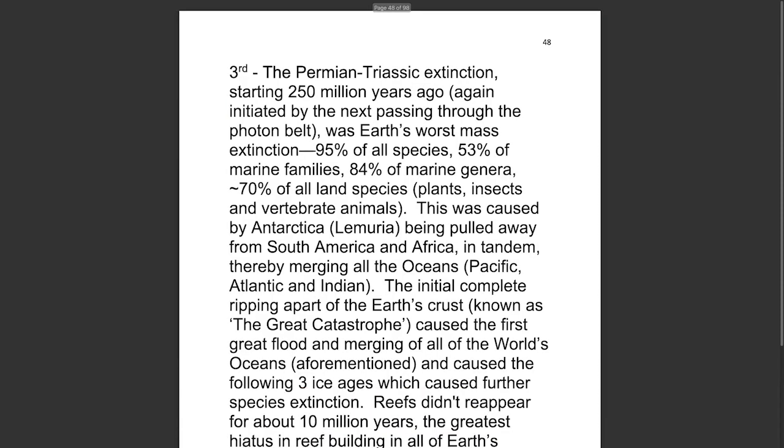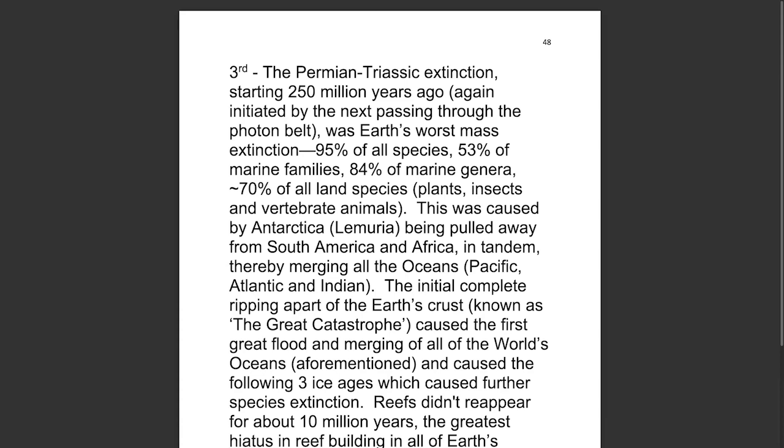The Permian, or the third great extinction, 250 million years ago, again, rotation, initiated by the passing through the photon belt. That was Earth's worst mass extinction. 95% of all species, 53% of marine families, 84% of marine genera, 75% of all land species, plants, insects, vertebrate animals went extinct.